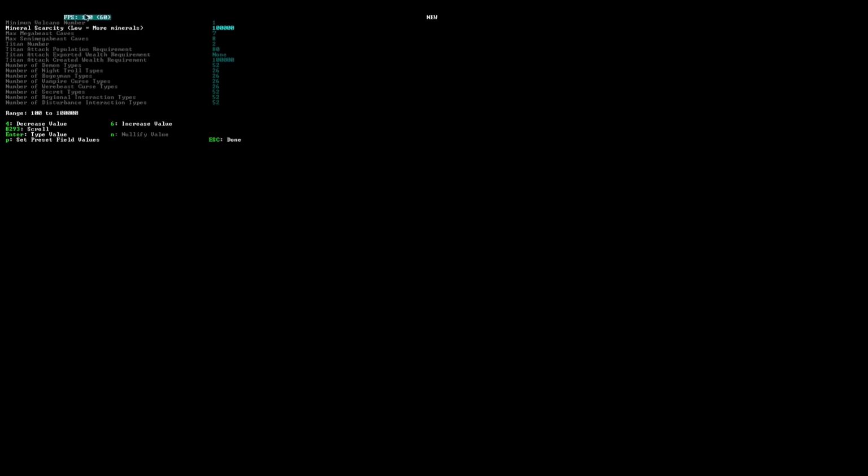And just as a comparison point, in the default world generation, when you see very rare, rare, sparse, frequent, everywhere: everywhere is represented by 100. Frequent is represented by 500.